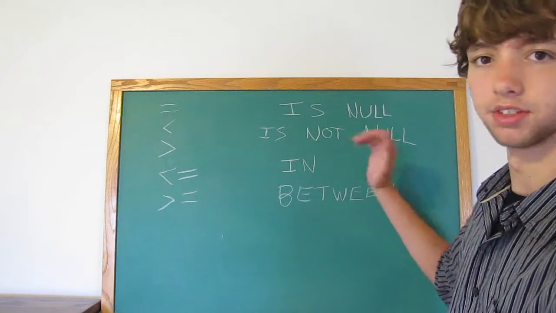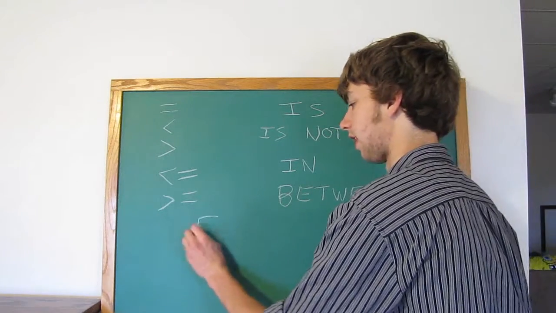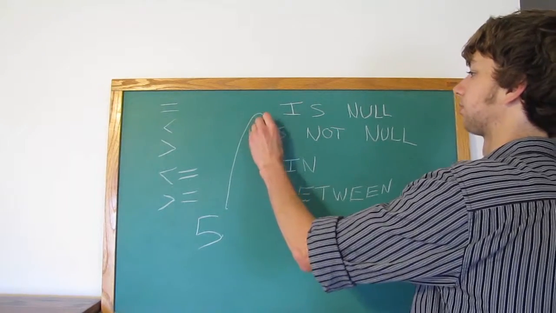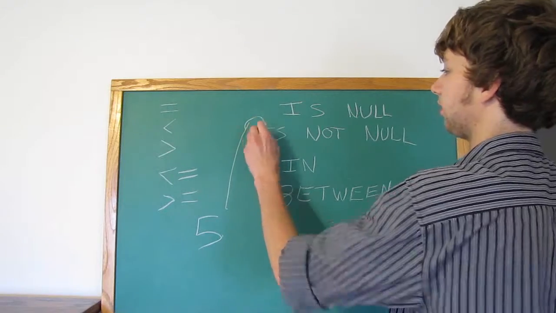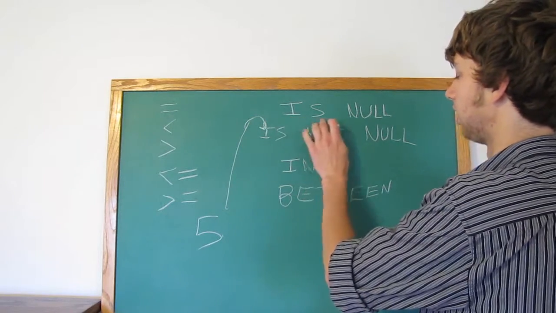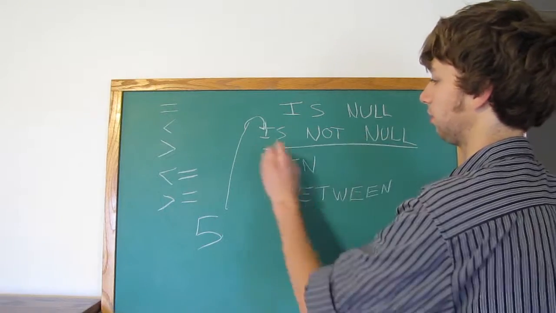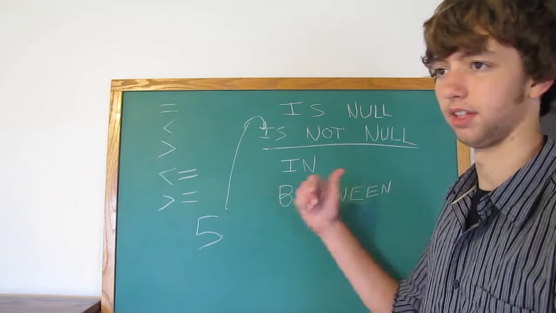If you're asking if it's not null, you're asking if it has an entry. So the value 5 would go to this one right here, because it's not null. If you're asking if it's not null, this would be the one to use, because it has a value.